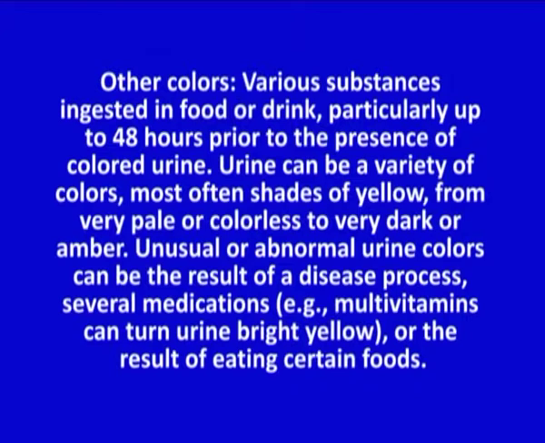Now, urine can be of a variety of colors, most often shades of yellow, from very pale to colorless to very dark or amber. Unusual or abnormal urine colors can be the result of a disease process. Several medications, for example multivitamins, can turn urine bright yellow, as can eating certain foods.